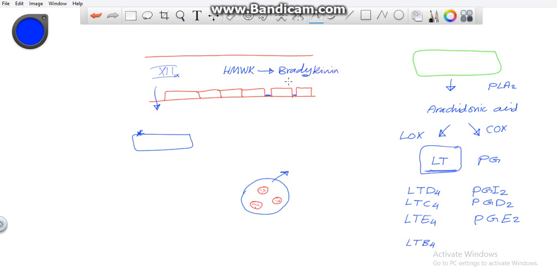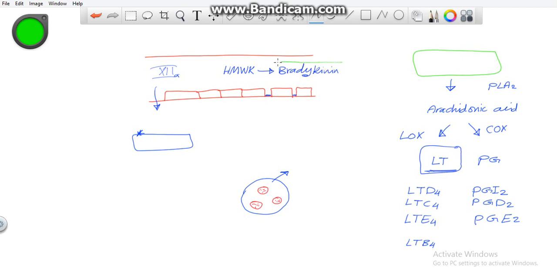And what bradykinin does is basically the same as histamine, because it also vasodilates the arterioles, and it also increases the vascular permeability of the post-capillary venules. However, it has a different, unique function.